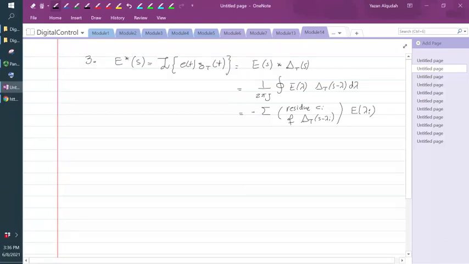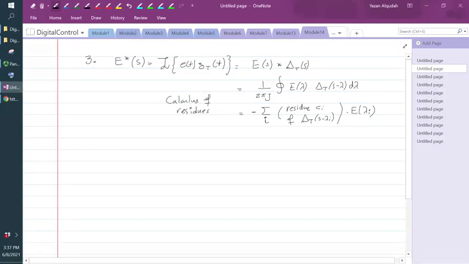And if I use the calculus of residues, I'm going to get another expression, which is the summation over i, the residue Ci of delta T of S minus lambda i multiplied by E of lambda i.